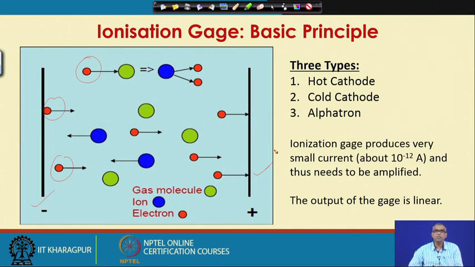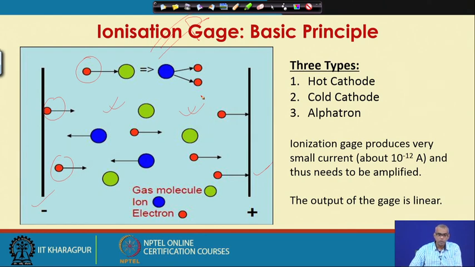Let us consider this is a closed chamber, and to that chamber the vacuum source is connected. So, you are measuring very low pressure of, say, a gas stream. There will be gas molecules in this chamber.